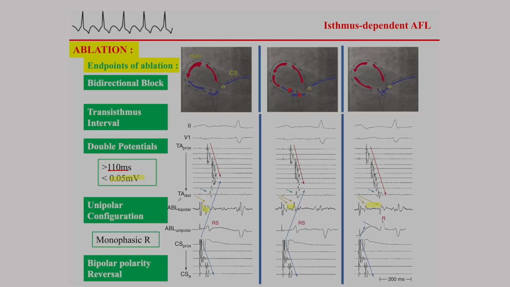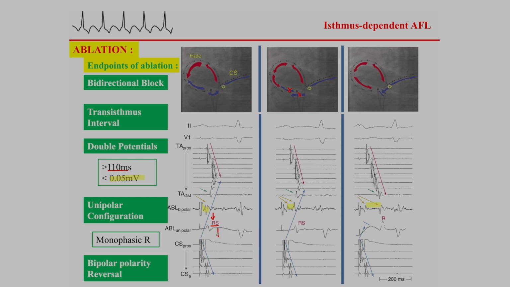Unipolar configuration is one of interest. During coronary sinus pacing, we initially have an RS configuration, R generated by propagation to the catheter of the wavefront, and S by the propagation away.